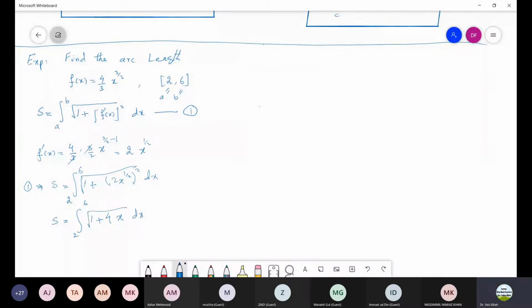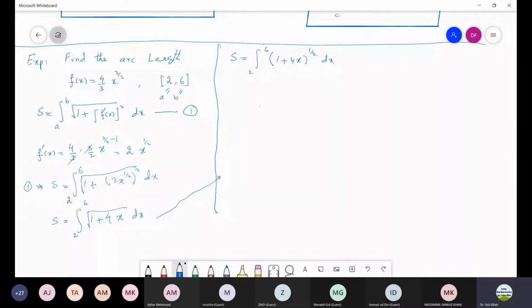The next task is to integrate it. So look again. I'm writing S is equal to integration from 2 to 6, and here instead of under root, I'm writing 1 plus 4x power 1 over 2 into dx.